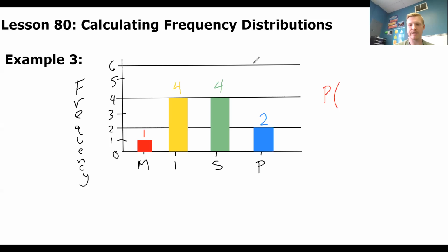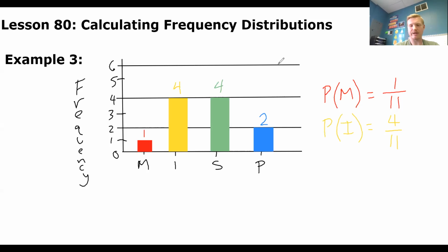So the probability of getting an M equals 1 out of 11. And why is it 11? That's because that's our total number of letters in Mississippi. Now, my yellow, my probability of getting an I equals 4 out of 11. That cannot be reduced again.